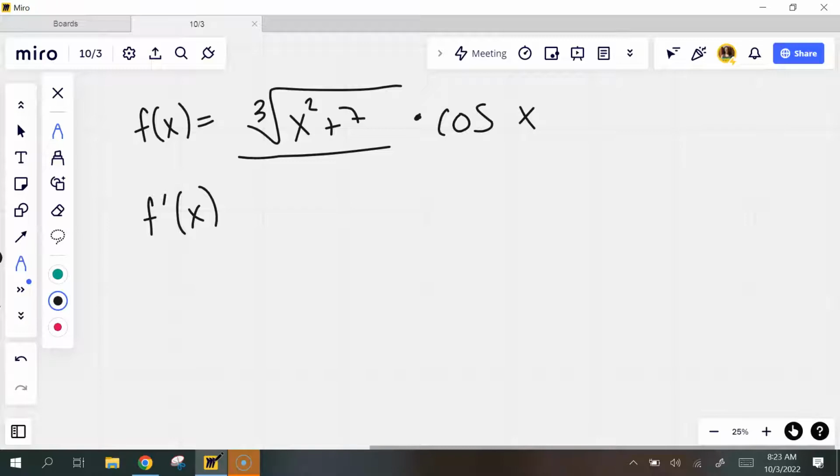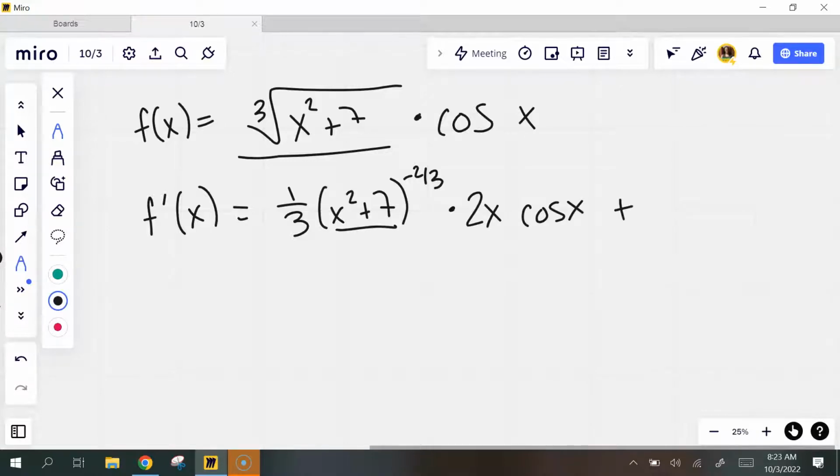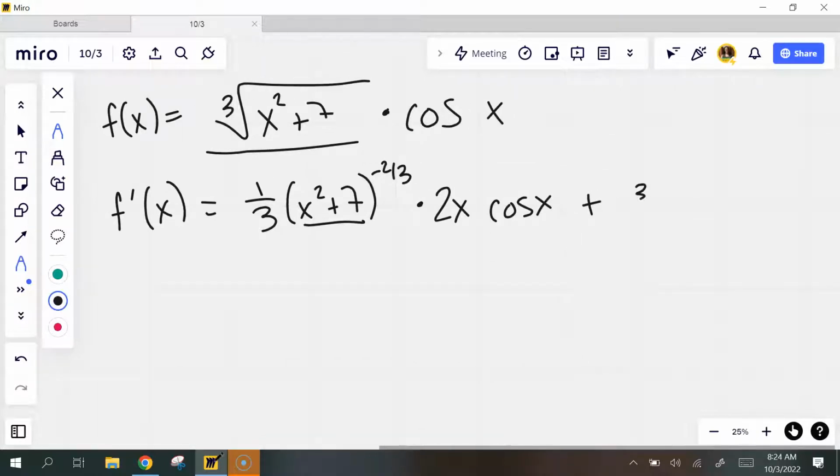Use parentheses. That's exactly right. And use the exponent. So 1/3 x squared plus 7 to the negative 2/3. Is that it? No, because I have to chain it times 2x. All that's derivative of the first times the second plus the first times derivative of the second.